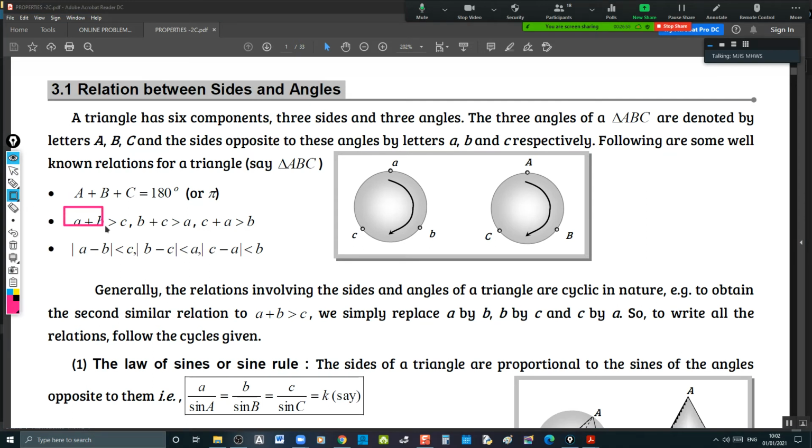Otherwise, a triangle cannot be formed. Importantly, if the sum of any two sides of a triangle is greater than the third side, then only a triangle will be formed, otherwise not. Similarly, the difference of any two sides must be less than the third side, and obviously I need not insist on this one.